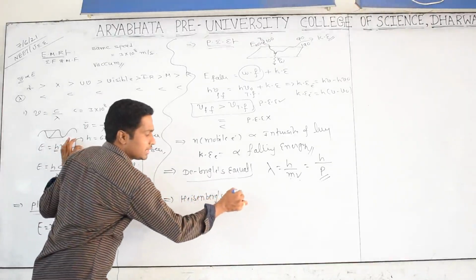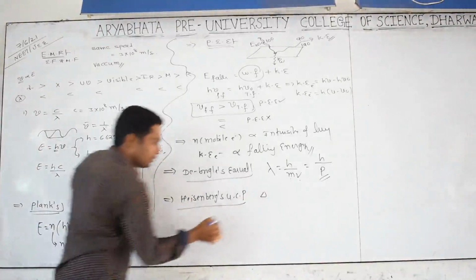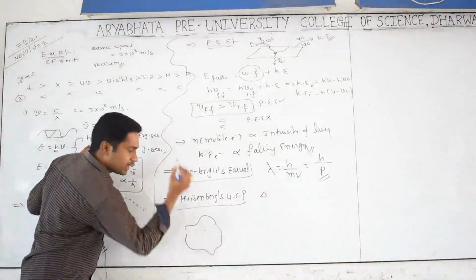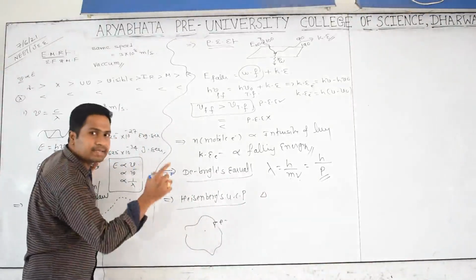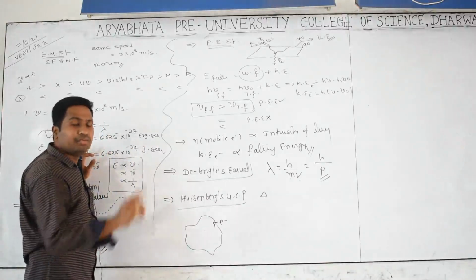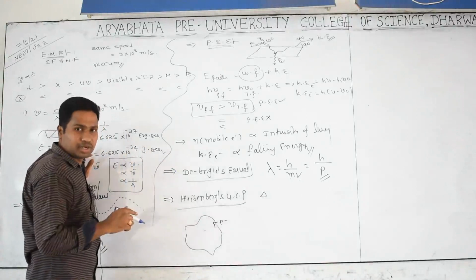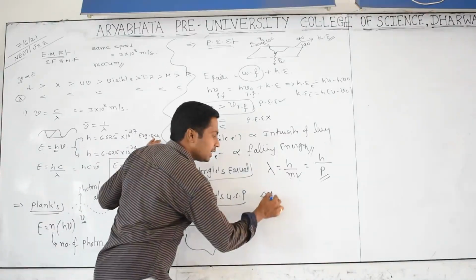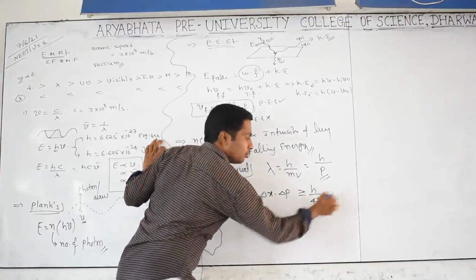We can go for one more thing, Heisenberg's uncertainty principle. What is Heisenberg's uncertainty principle? Whenever an electron is revolving around the nucleus in wave motion, we can't find out its exact position and momentum simultaneously and accurately. If you find one accurately, the other will deviate, becoming so much error. So delta x dot delta p is greater than or equal to h by 4 pi.